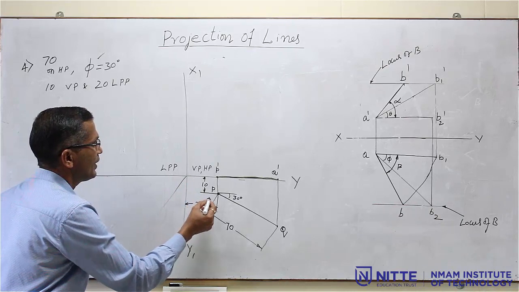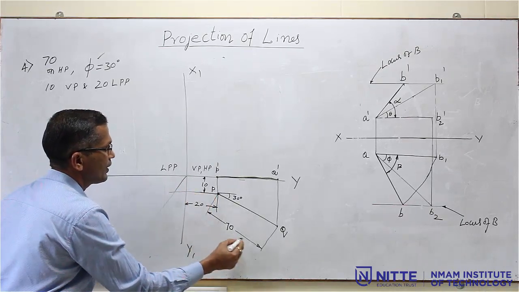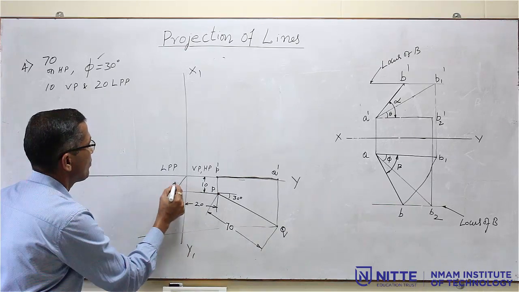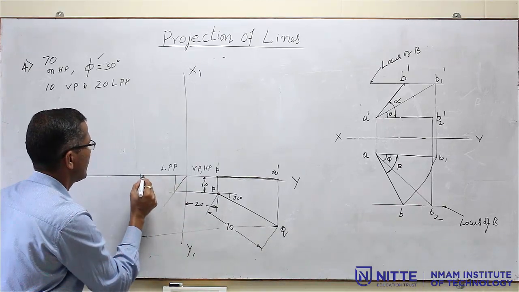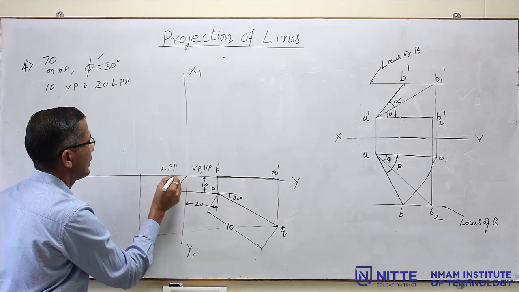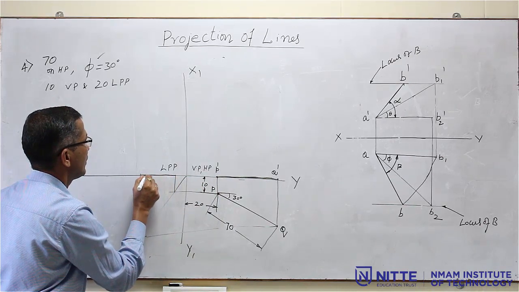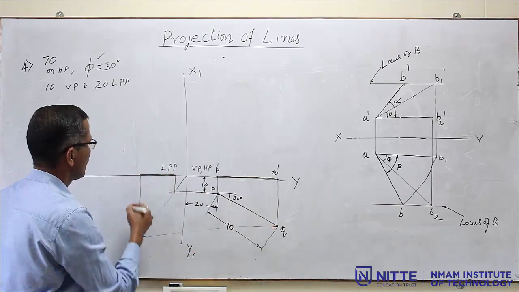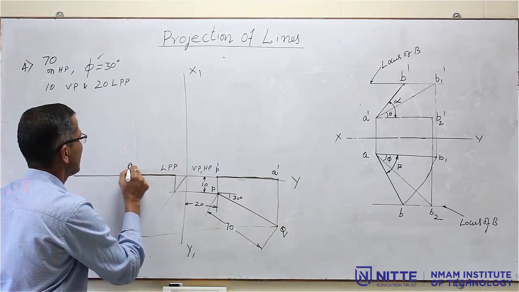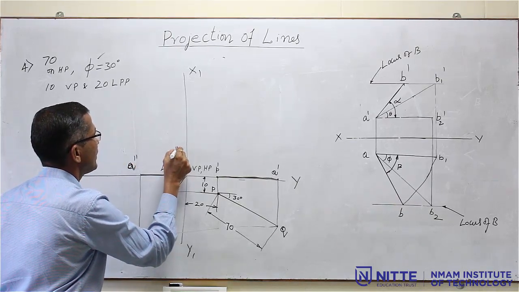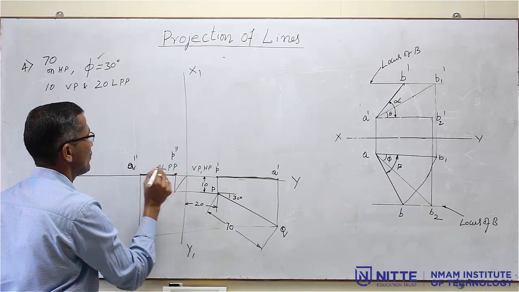Draw the 45 degree line, project the top view, then move towards the front view. So, this is the front view and this portion. So, this is Q double dash, this point is P double dash. So, this is the profile view.